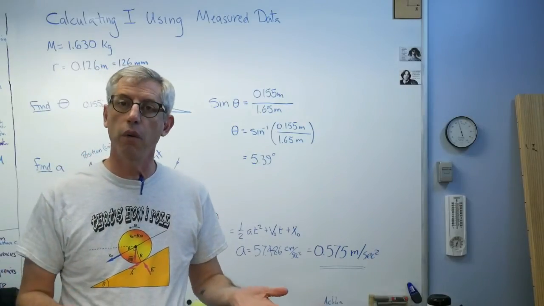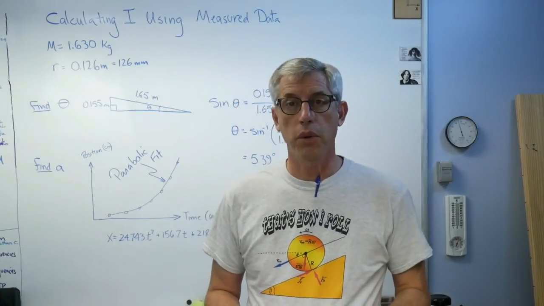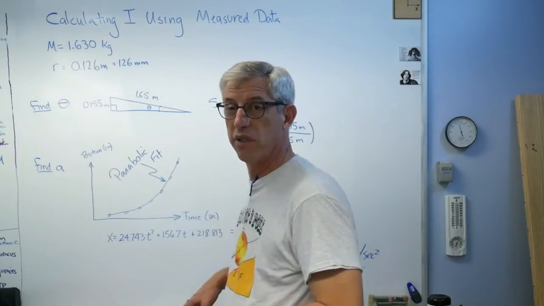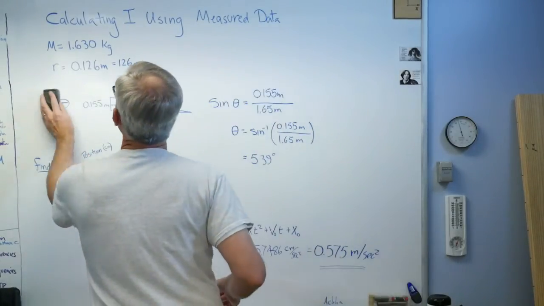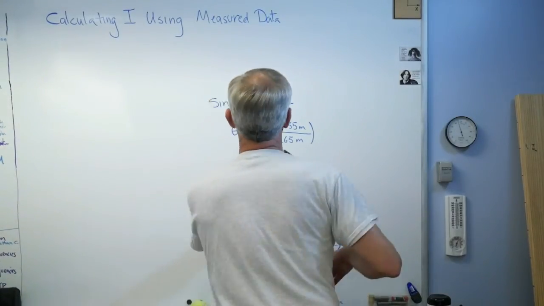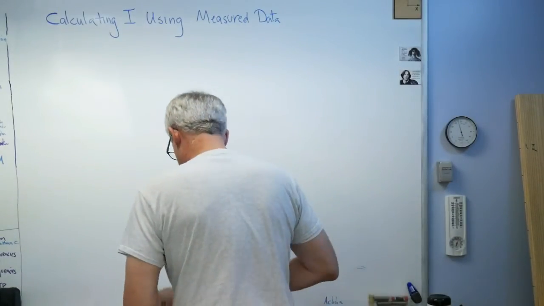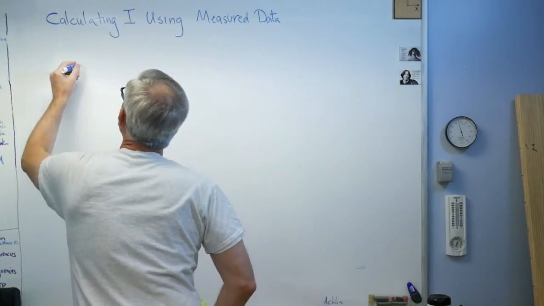We're in business. All we've got to do now is take all those numbers and plug them back into the equation that we derived at the beginning of this video. So I'm going to do that real quick. Give me just a second to erase this. I'll write this back up here.